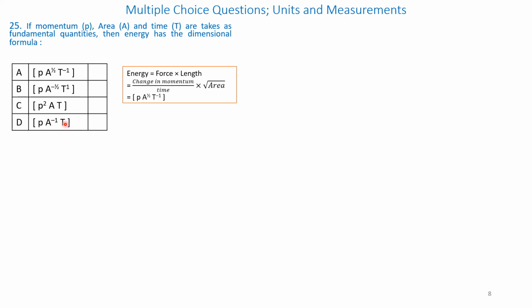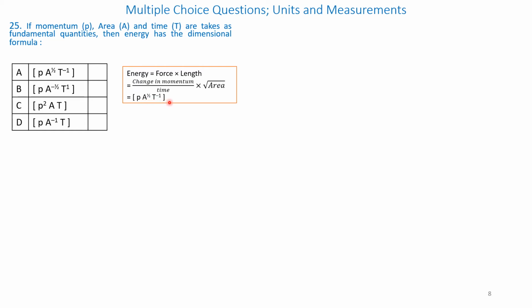Let us do it. The question asked is about energy. Energy is equal to force into length. Force itself is change in momentum over time, and length per unit area is multiplied by square root of A. Therefore, change in momentum is P, and A to the power of half and t to the power of minus 1.